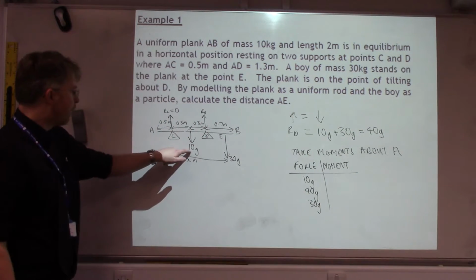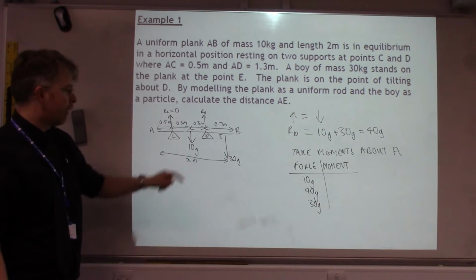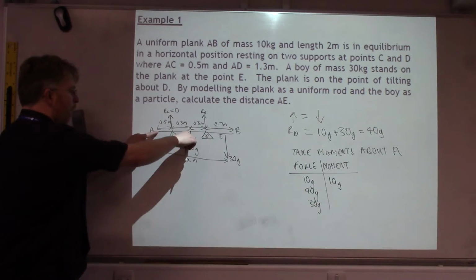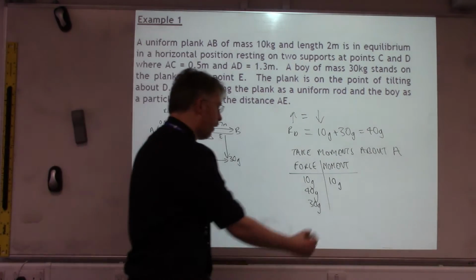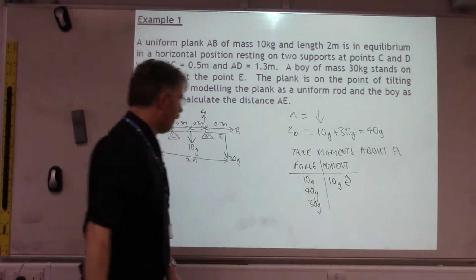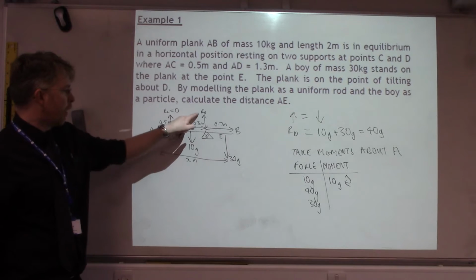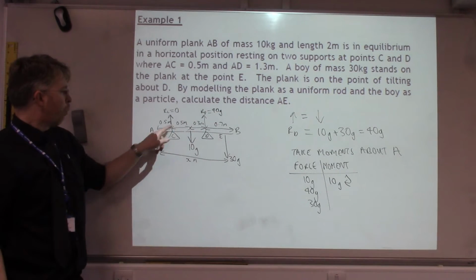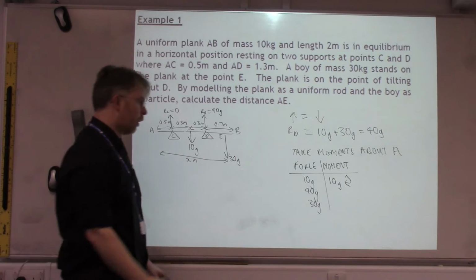The 10G is halfway, it's 1 times 10G, 10G Newton metres, and it would spin in a clockwise direction around A. The 40G, which is RD, is 1.3 away.